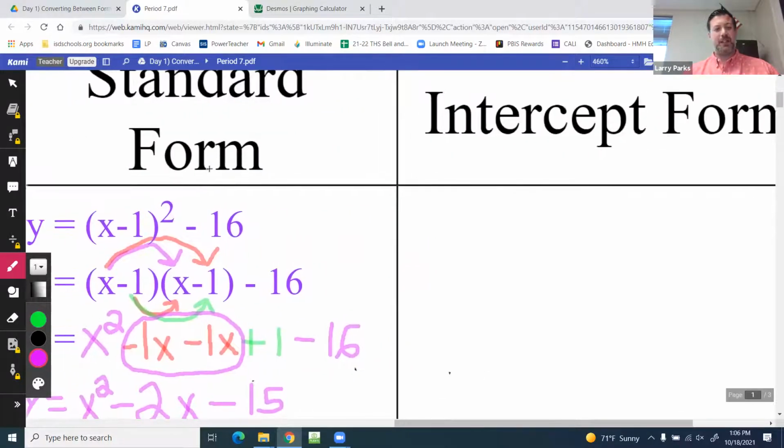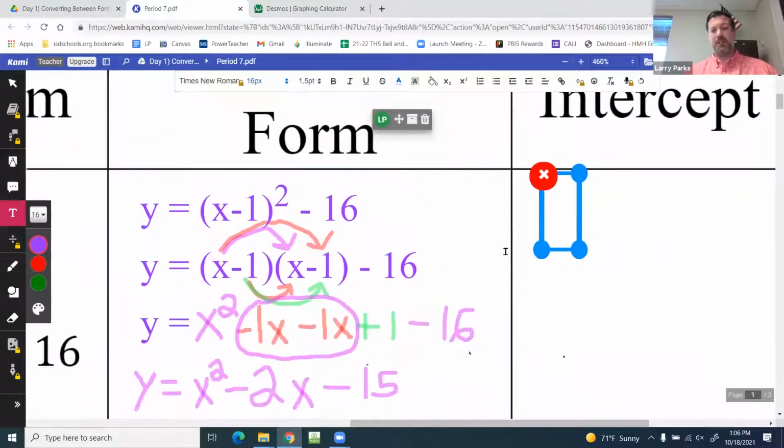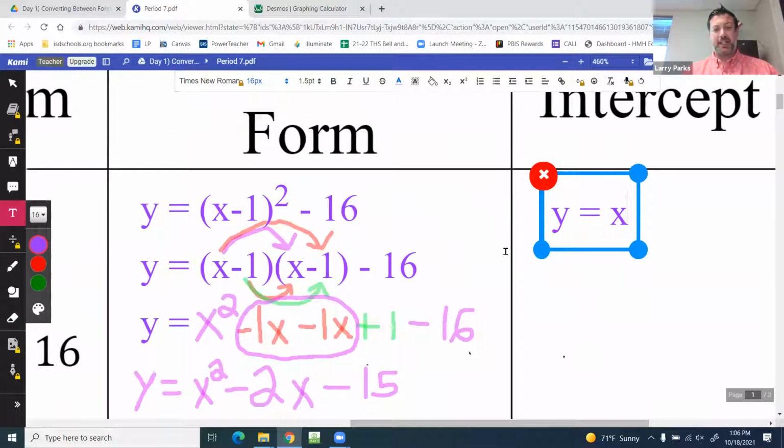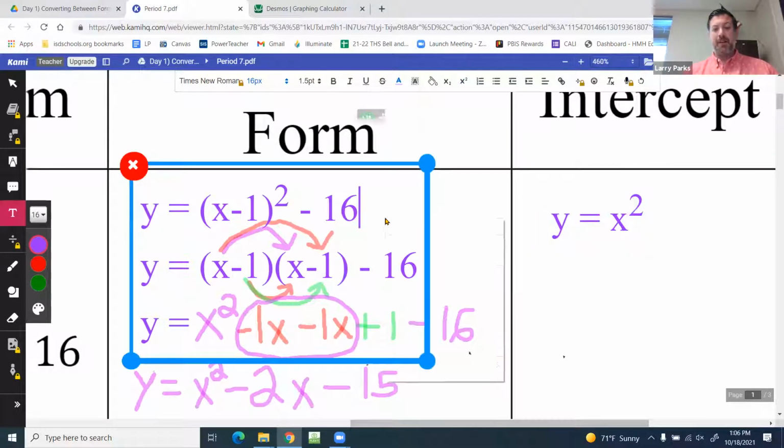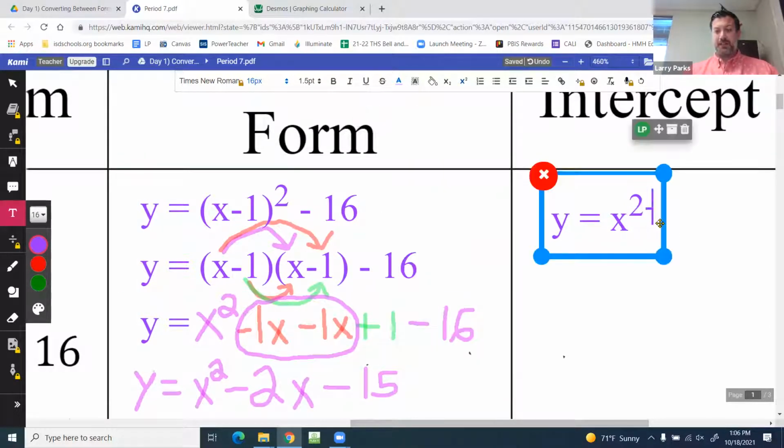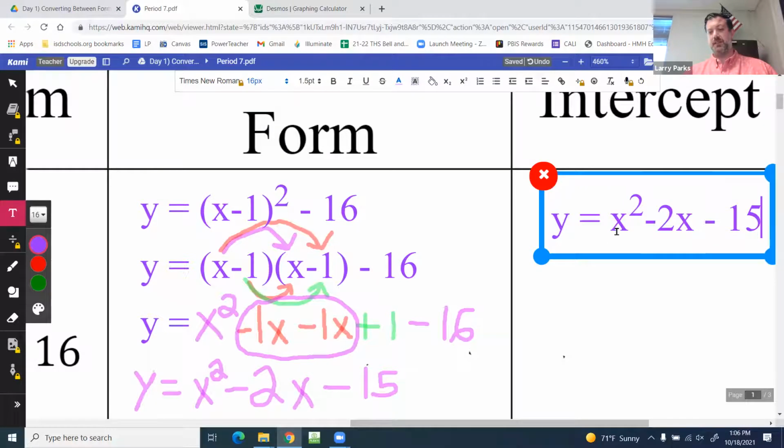So to get to intercept form, I'm going to retype this in, my standard form, and that's y equals x squared minus 2x minus 15.